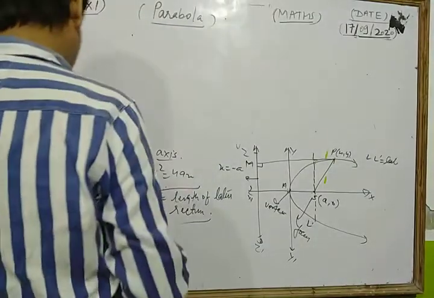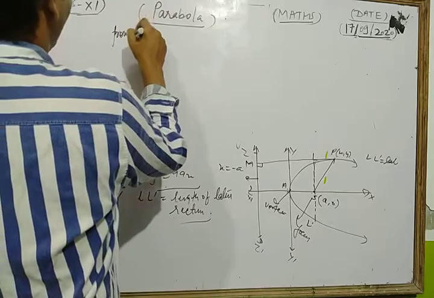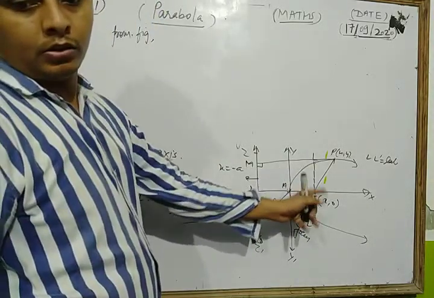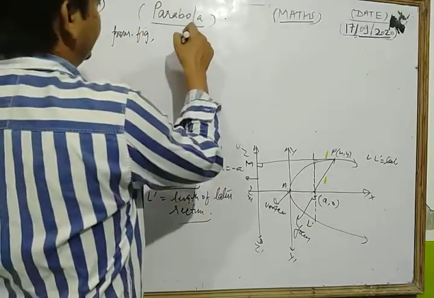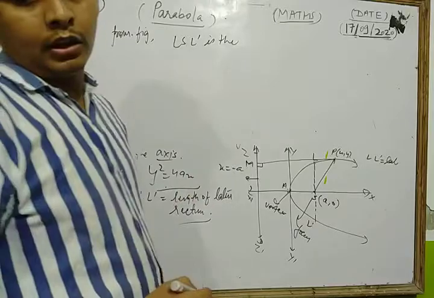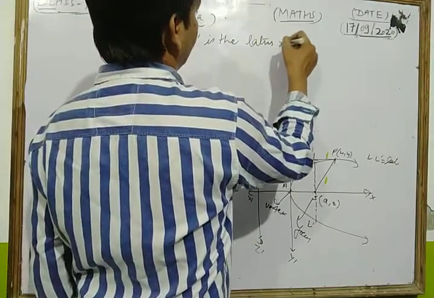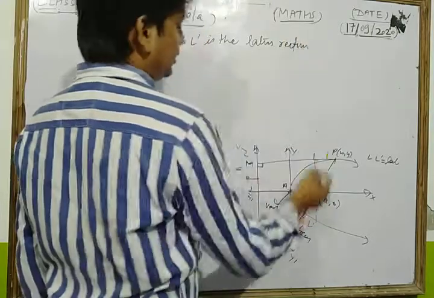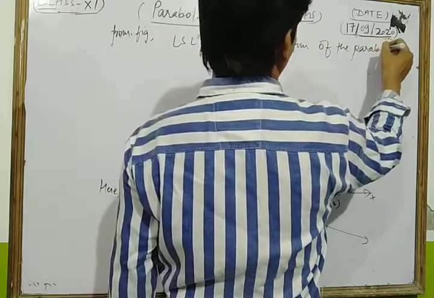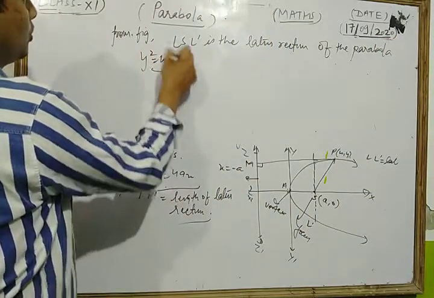Now let's see. Dear students, from the figure, LSL dash is the latus rectum of the parabola y square is equal to 4x.